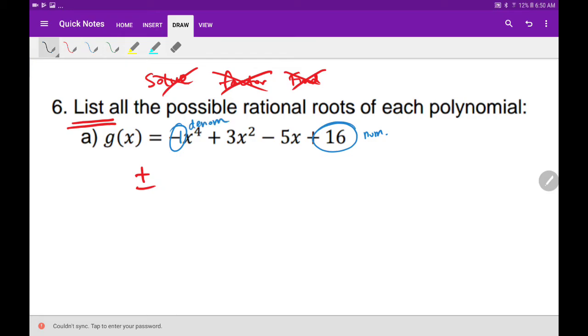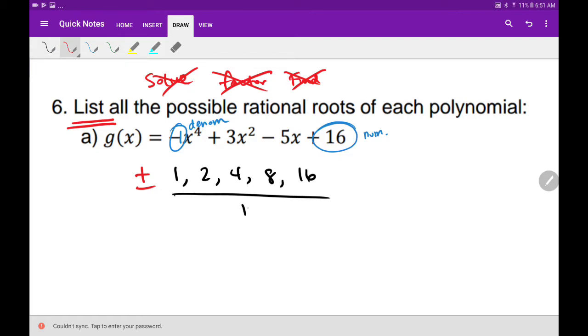So let's think, what are the factors of 16? What are the numbers that go evenly into 16, starting from the bottom? Always start with 1. We also get 2. 4 times 4 is 16. 2 times 8 is 16. And then, of course, 16 itself goes into 16. At the bottom, the factors of 1 are just 1.